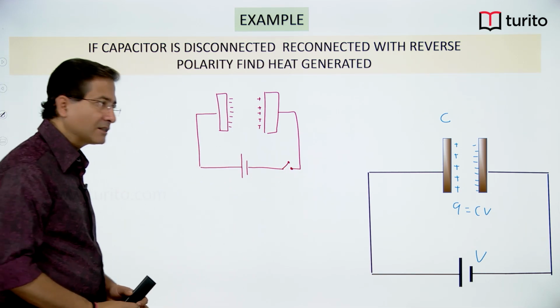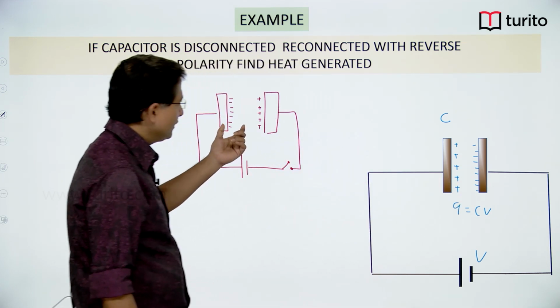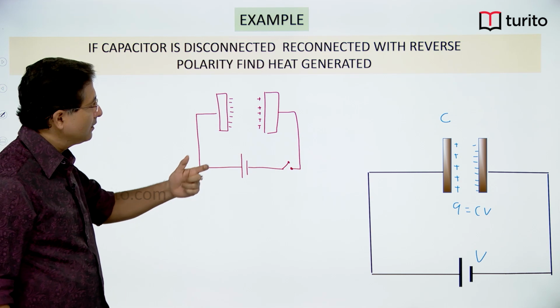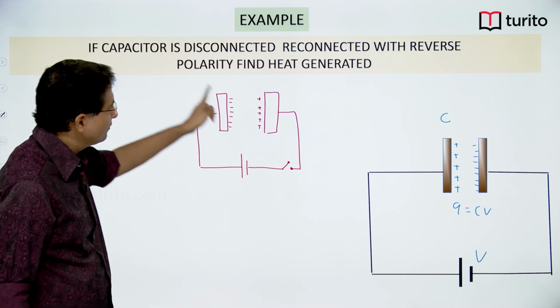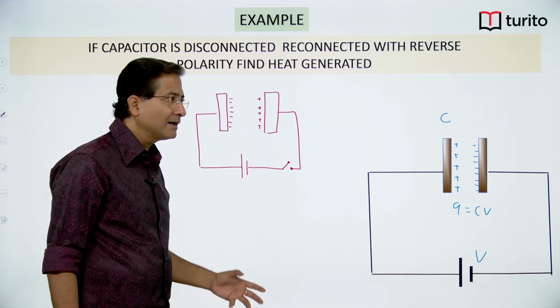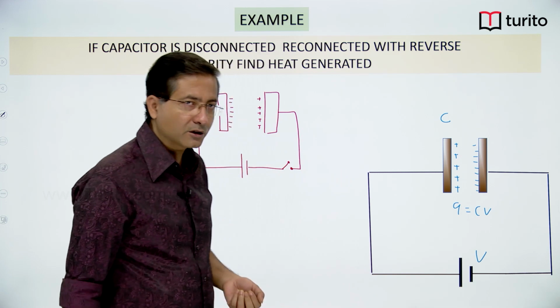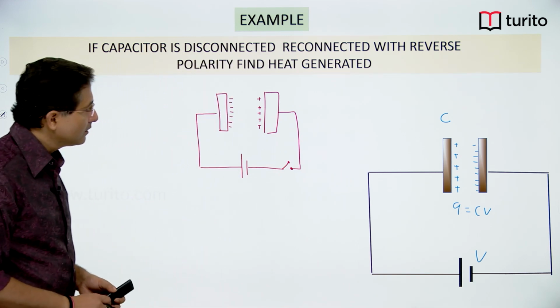So, after charging the capacitor, we disconnected the capacitor and we are going to connect it with reverse polarity. The question is how much heat is generated. Similarly, I can ask how much work is being done, what is the change in potential energy, all these questions I can ask, right.